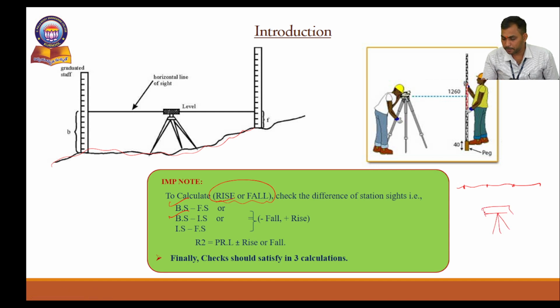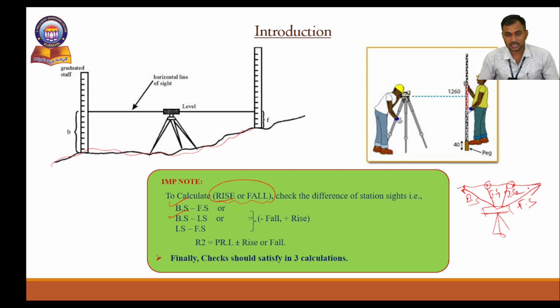This is the O point. Now I am focusing on the first reading, and the first reading gives the backsight. Where is the foresight value? Not this one, because the foresight is at the end of a station. This is the foresight value. These two are intermediate sight 1 and intermediate sight 2.